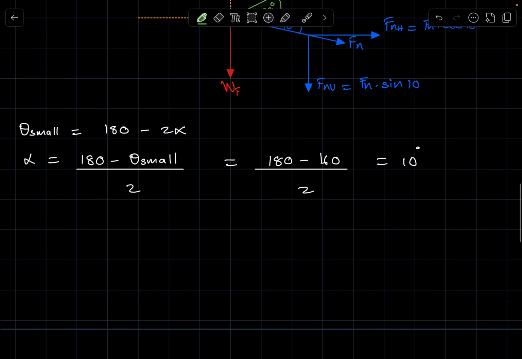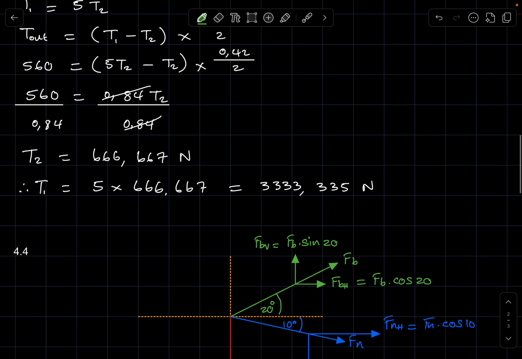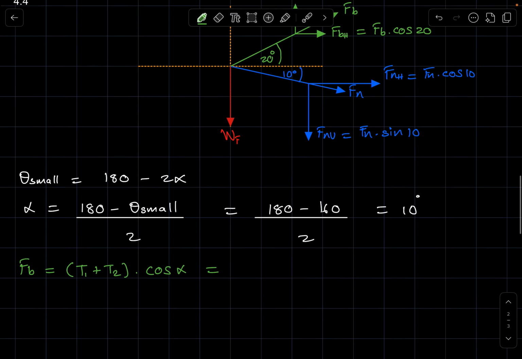Once that is established, we know that our belt force is equal to T1 plus T2 times cos alpha. Right, and as far as T1 and T2, T1 is 3,333,335, and T2 is 666,667.